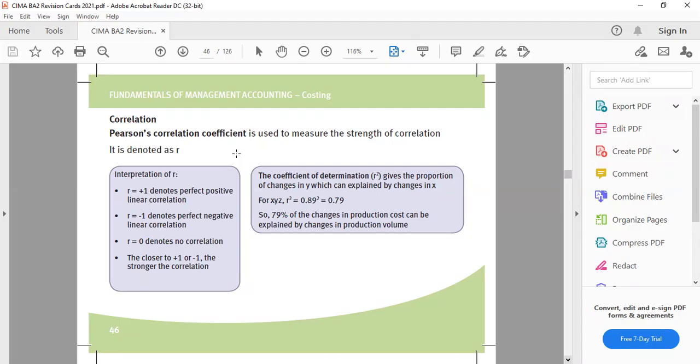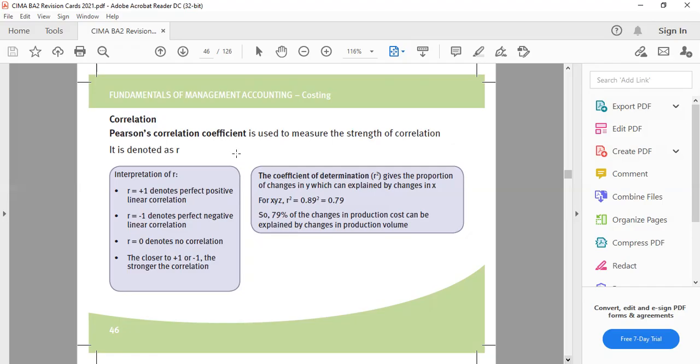If R is equal to 0, there is no relationship between the two variables. The closer to +1 or -1, the stronger the correlation. So if the values are closer to either of them, it could be strong negative or strong positive.